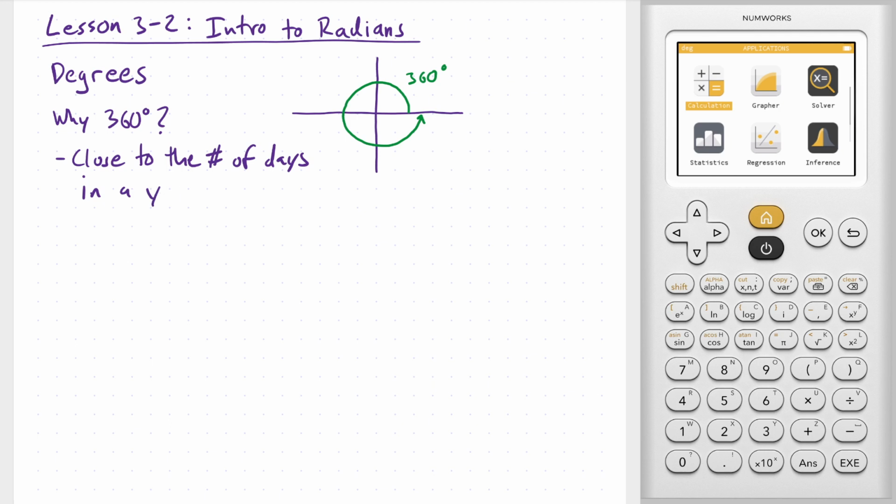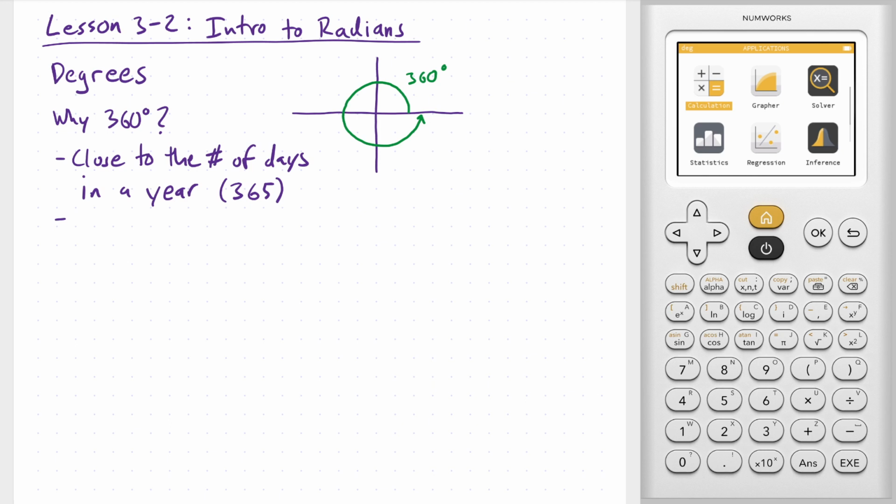So if you think about it, as the Earth rotates around the Sun, it covers approximately 1 degree per day in that trip around the Sun. Of course, there are 365 days in a year, so it's not exactly 1 degree per day, but it's pretty close.